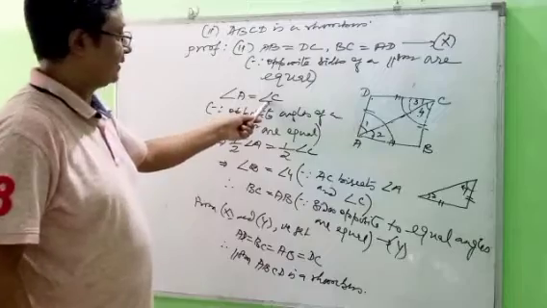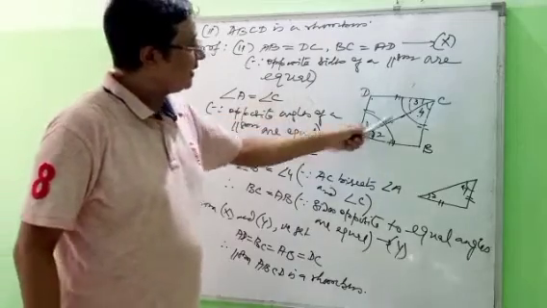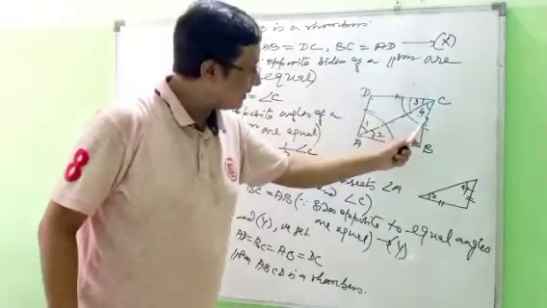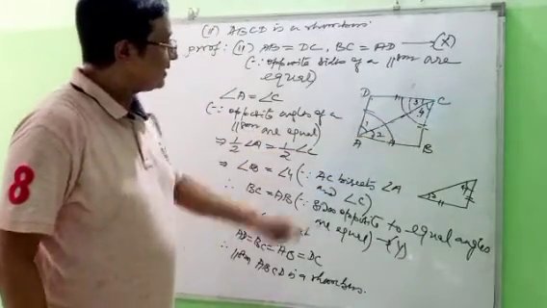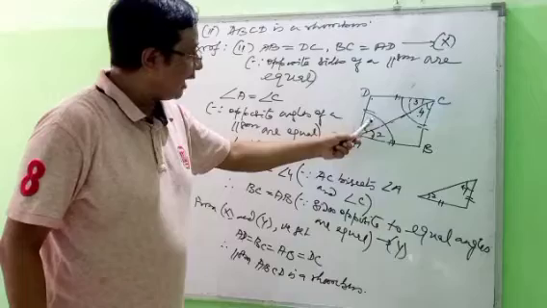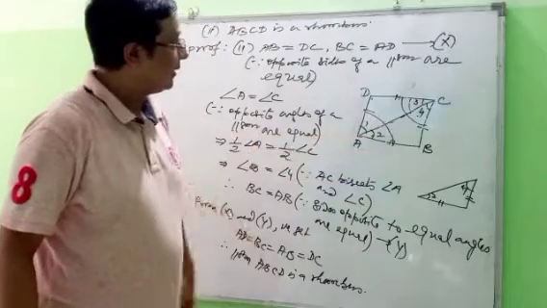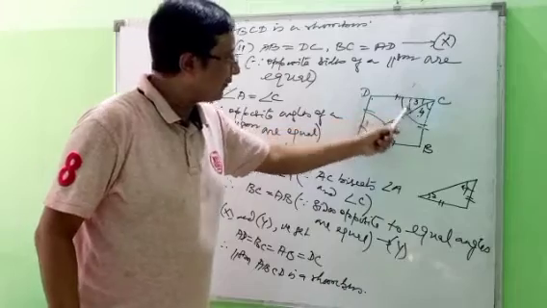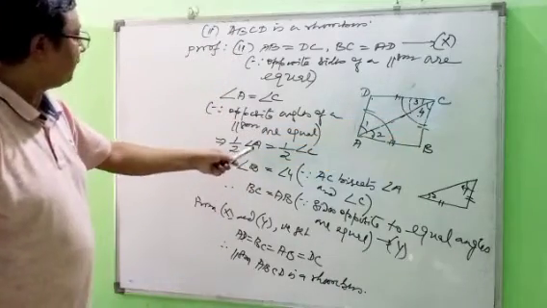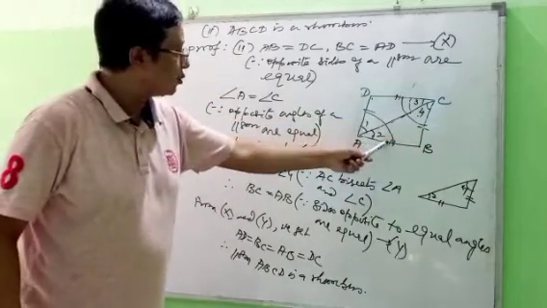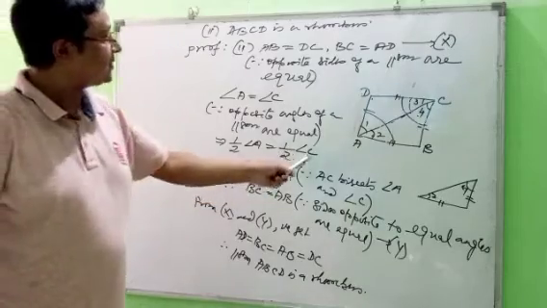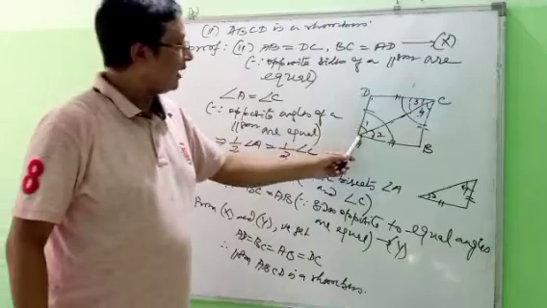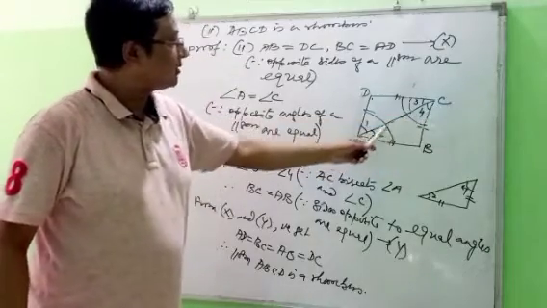Now this diagonal AC bisects angle A as well as angle C. That is why each of the angles 1 and 2 is half of A, and each of the angles 3 and 4 is half of C. That is why half of A, you wrote angle 2, and half of C, you wrote angle 4. Now in the triangle ABC, you got opposite angles are equal.